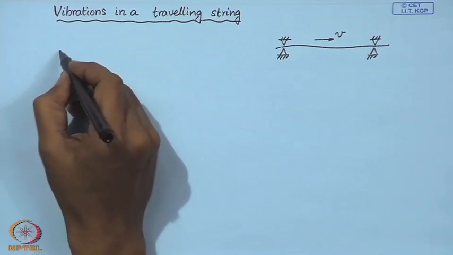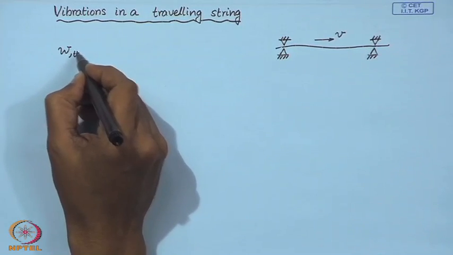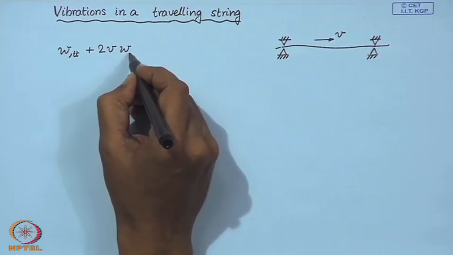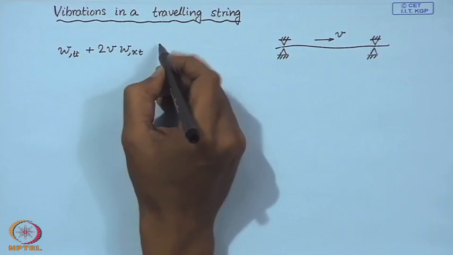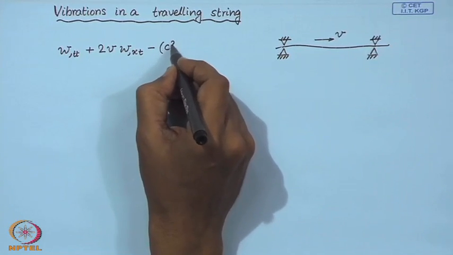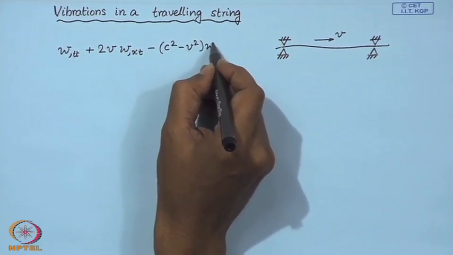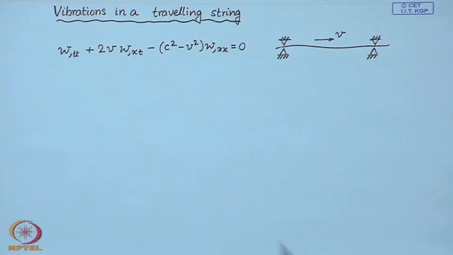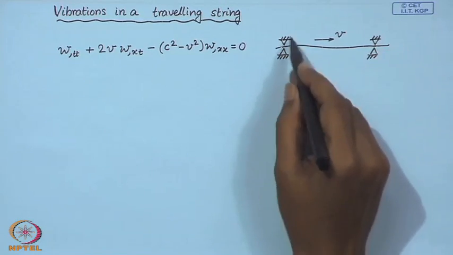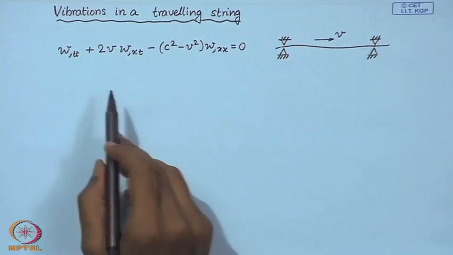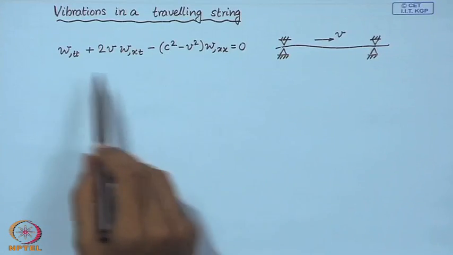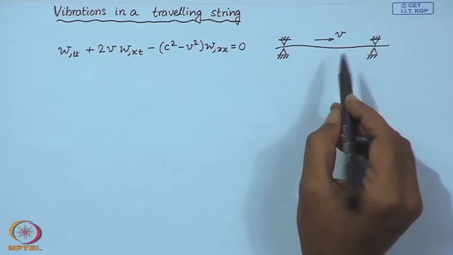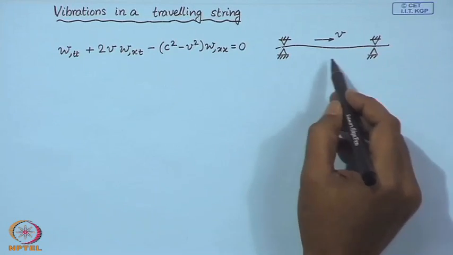We have derived the equation of motion for a traveling string. Now, here I have shown boundaries, but since we are going to consider an infinite traveling string, we are going to look at wave propagation in traveling strings and understand the solution in terms of these propagating waves.